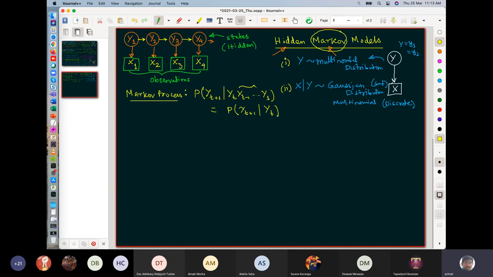I do not care about these dependencies. So y t plus 1 is conditionally independent of y t minus 1 up to y1 given y t. The only thing that matters for y t plus 1 is its previous state. That's the assumption in the Markovian process we make, and we take this kind of hidden Markov model under such assumptions.